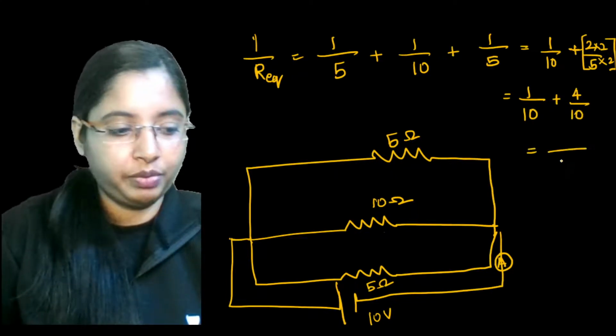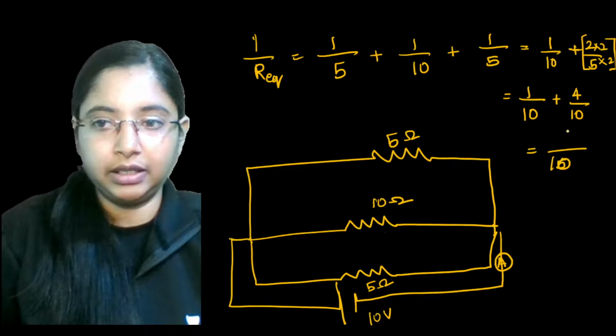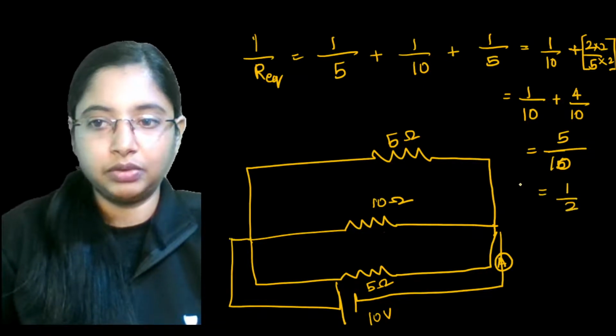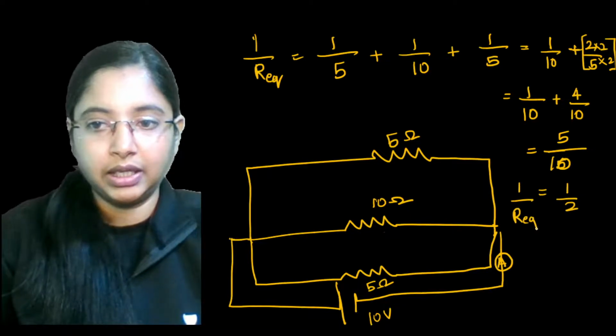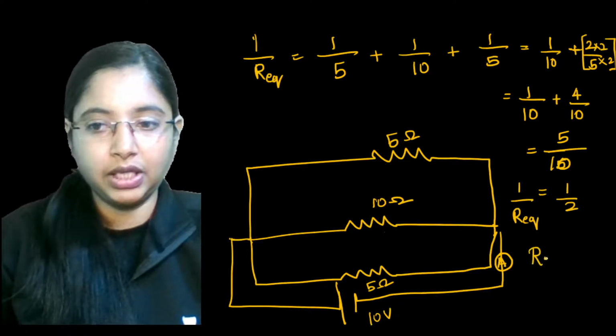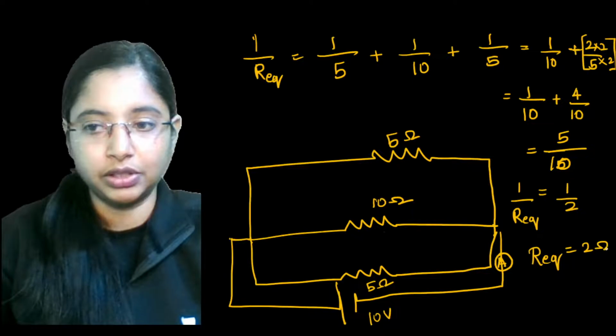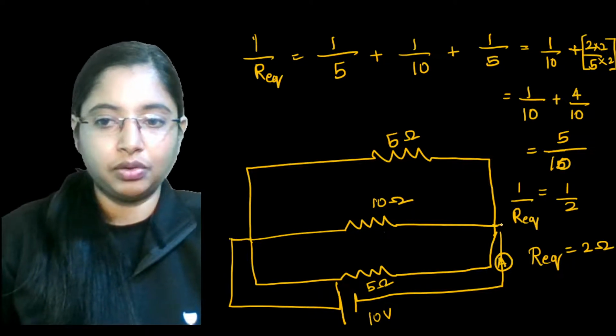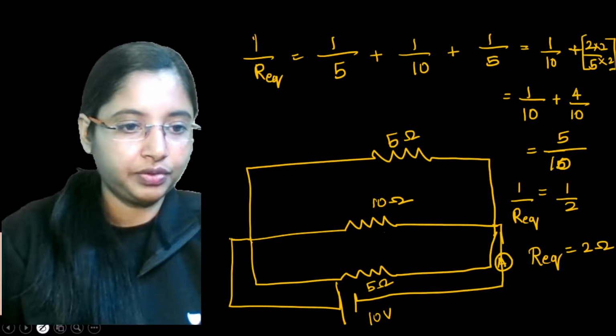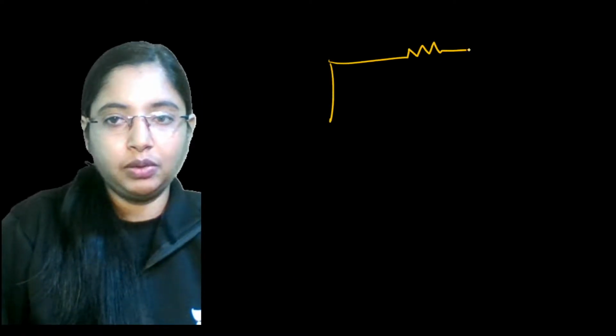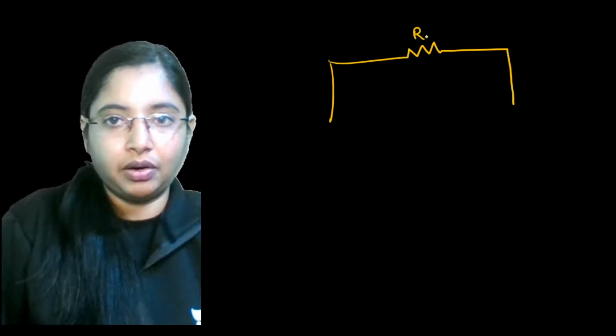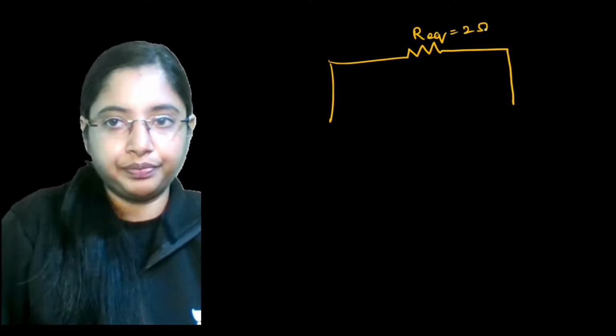Now denominators being same, this will be 5 by 10. 5 by 10 is nothing but 1 by 2. That is nothing but 1 by the equivalent resistance. So equivalent resistance, if you take the inverse, is 2 ohms. So instead of using all of these three values, you can simply connect one equivalent resistor of 2 ohms.